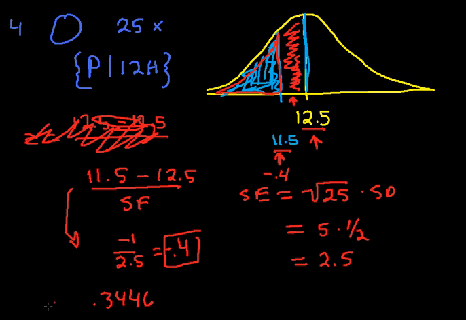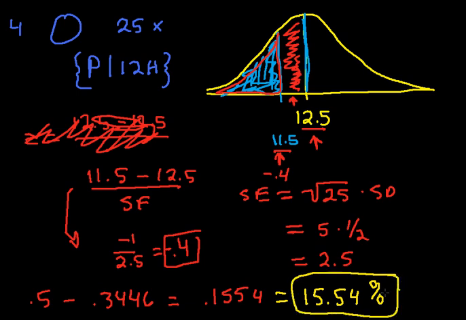If we take 0.5 and subtract that, we get 0.1554. I'll change colors for the final answer. Times that by 100 is equal to 15.54%. And that should be the chance of getting exactly 12 heads.